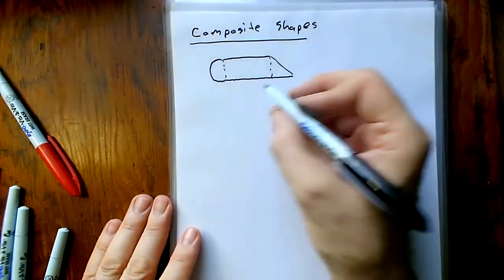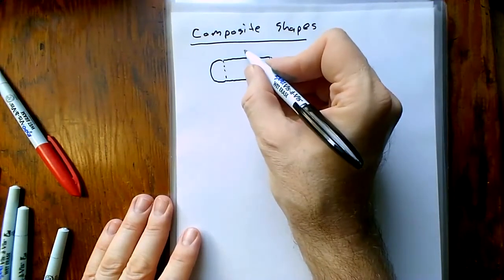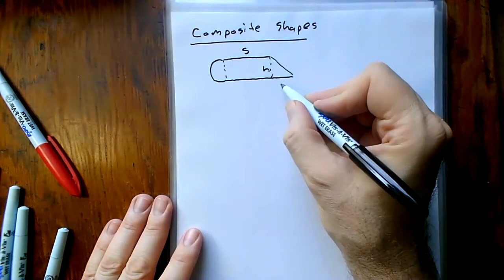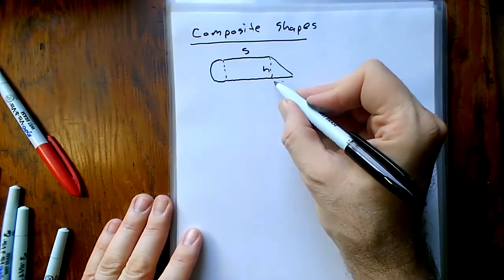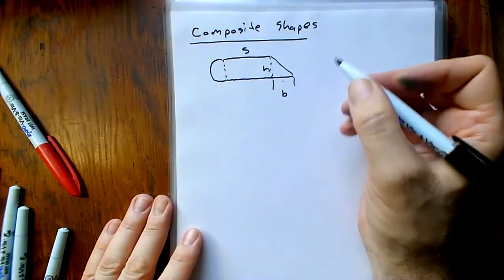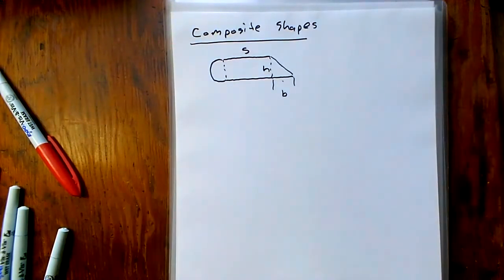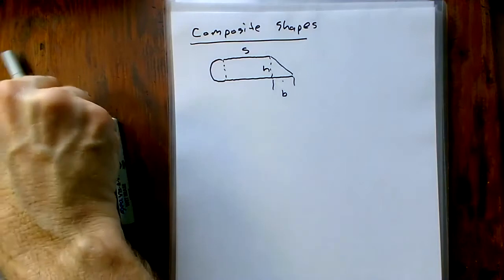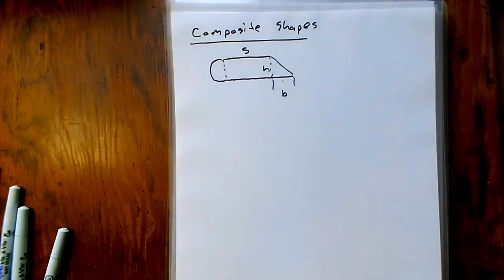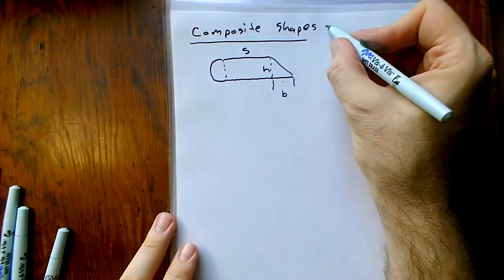You could say, okay, I've got this side here, I've got this height here. I might be given a base for what this is. What you're going to do is split this up into different shapes.